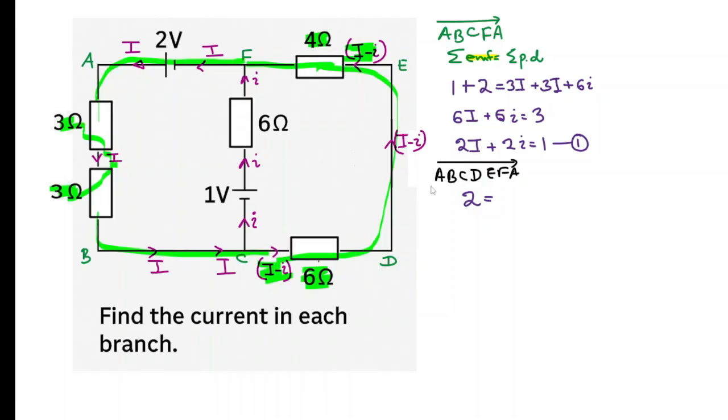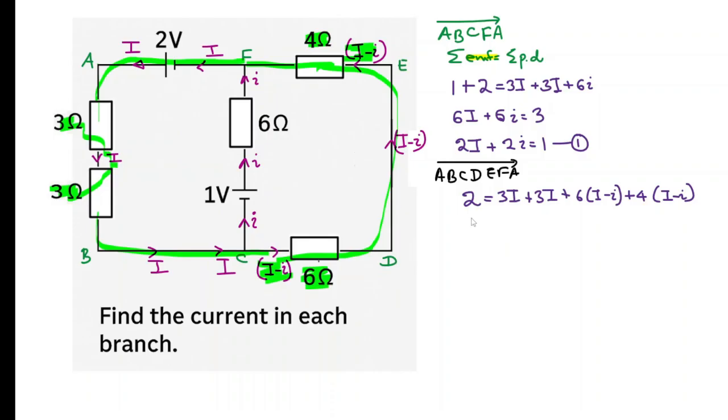So that's 3 capital I plus the second 3 capital I, 6 times I minus i, plus 4 times I minus i. Now if you want, you can combine these 6 and 4 to get 10 and 3 to get 6. That also kind of simplifies it, but okay, let's do it this way.